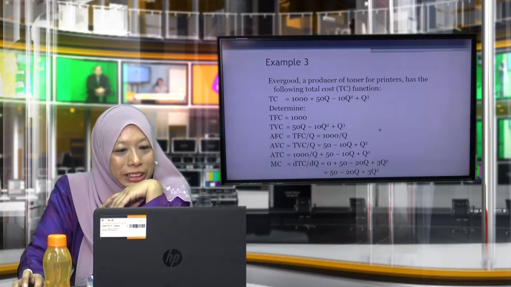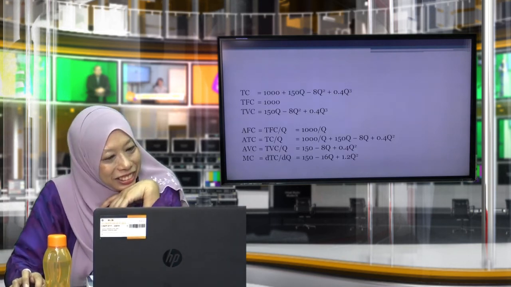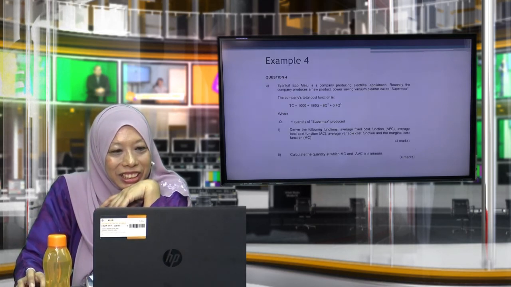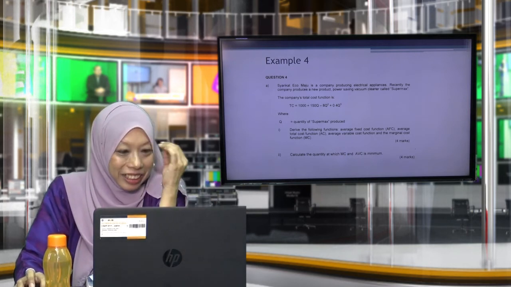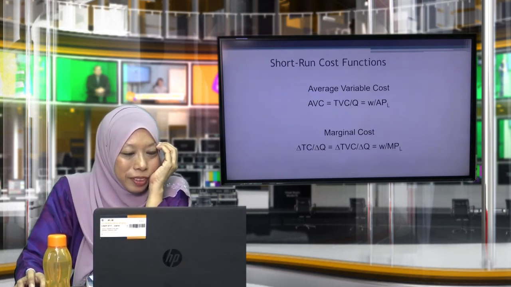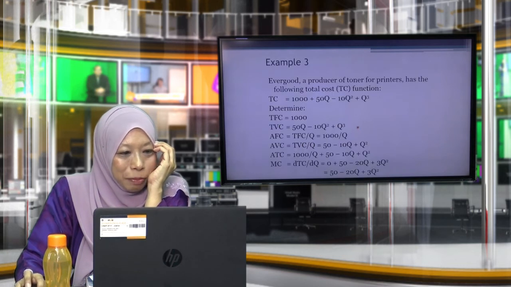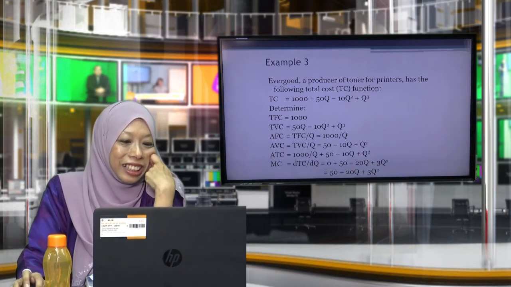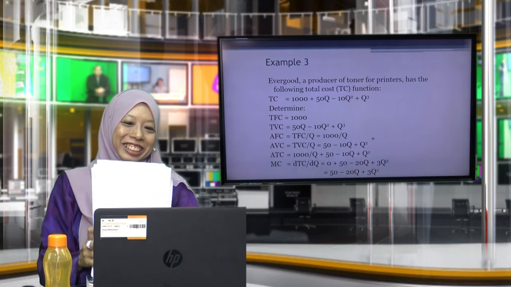Okay, so maksudnya masa saya explain example 3 ni, kita tutup slide dulu. Kita memang tulis je dulu. Memang dekat slide. Saya ingatkan bila saya type tadi macam diorang nampak lah kat situ. Okay, kalau macam tu saya explain baiklah example 3 ni, tapi saya just baca je lah, saya tak tunjukkan satu persatu, sebab saya ingatkan saya tunjuk satu persatu bila saya type kat situ. Okay, tak apalah, so saya baca je lah.